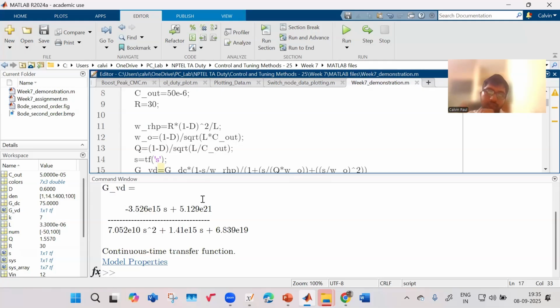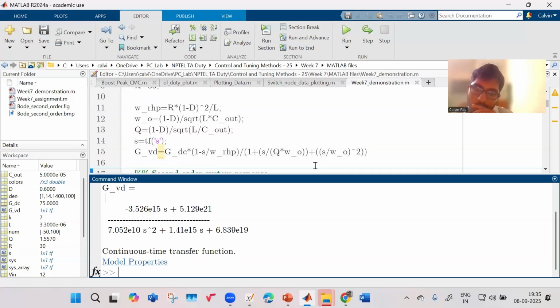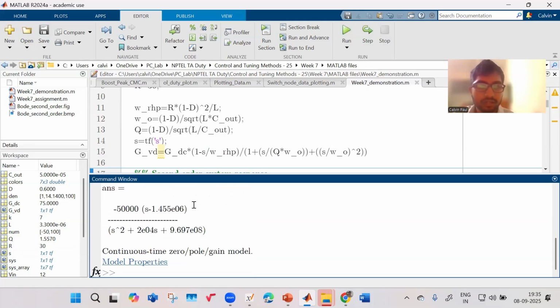So this is the transfer function which we get. Let us do the ZPK. DC gain again is 5,000.